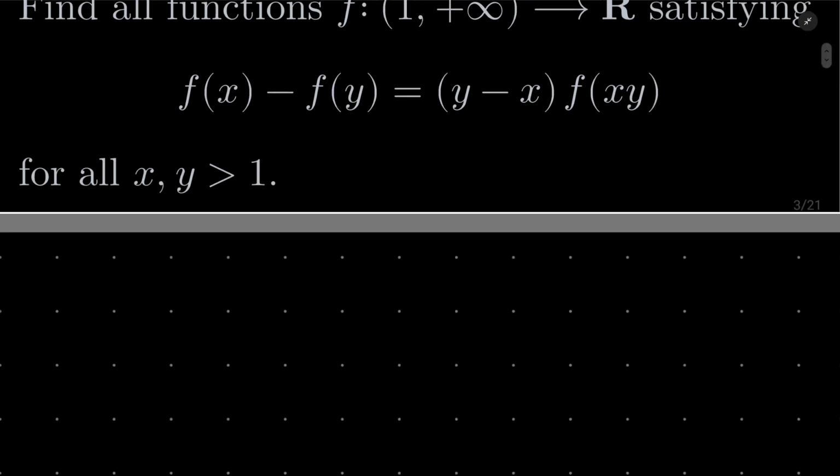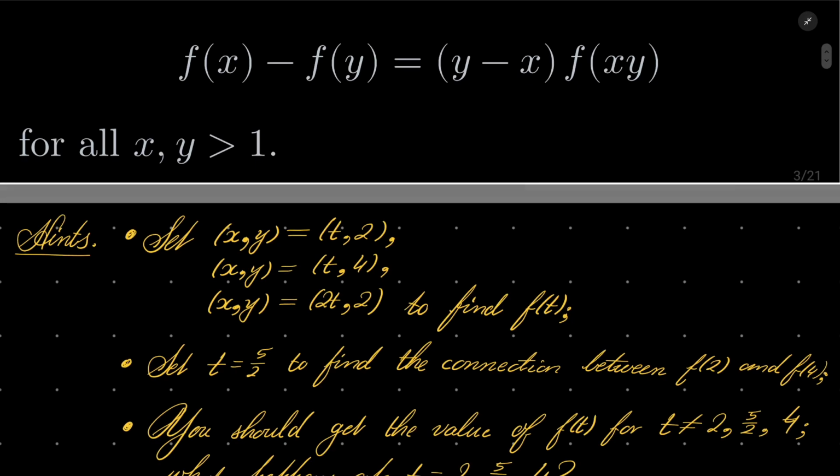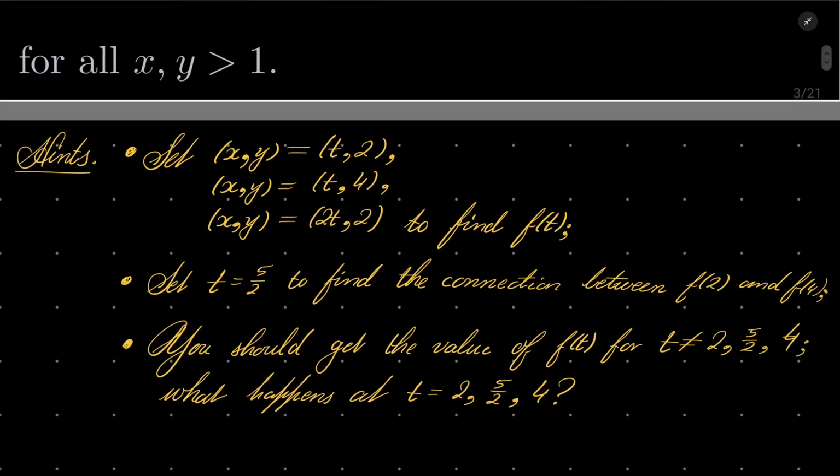So here are my hints for this problem. It's all about setting these three pairs of variables. First, set x and y to be t, 2, then t, 4, and finally 2t, 2. So we will have a system of three equations with three unknowns, and you should be able to find f(t).